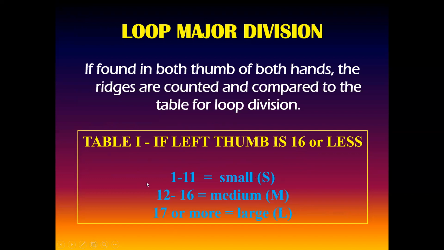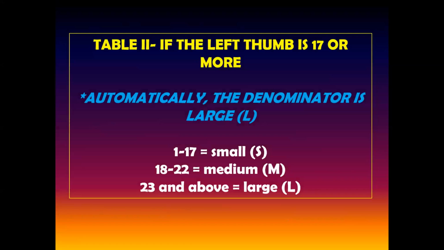Okay, so I would like to repeat. If the left thumb has 16 or less ridge counts, then the same table will be used for the right thumb. However, if the left thumb is given the symbol L, meaning it has 17 or more ridges, then for the right thumb, we are going to make use of the second table.